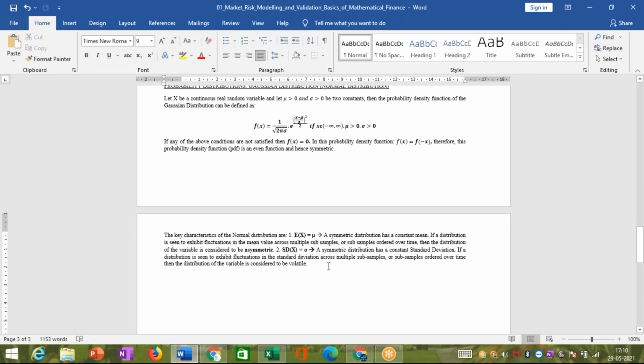So these are the two most important characteristics of a normal distribution. Now, apart from this, there is another thing: the mean, the median, and the mode are also equal to mu. Because the distribution is symmetric, therefore the expectation of x is equal to the median of x, is equal to the mode of x, is equal to mu.